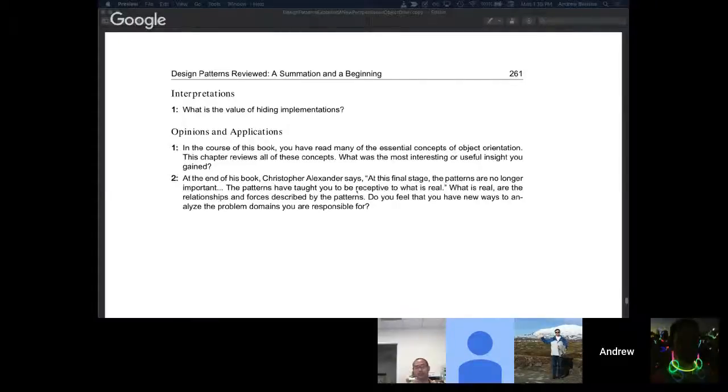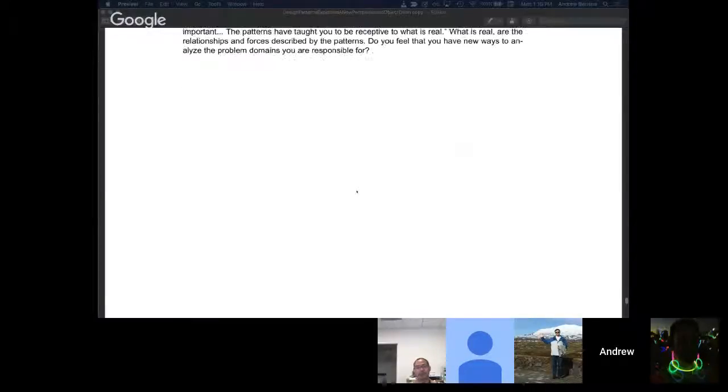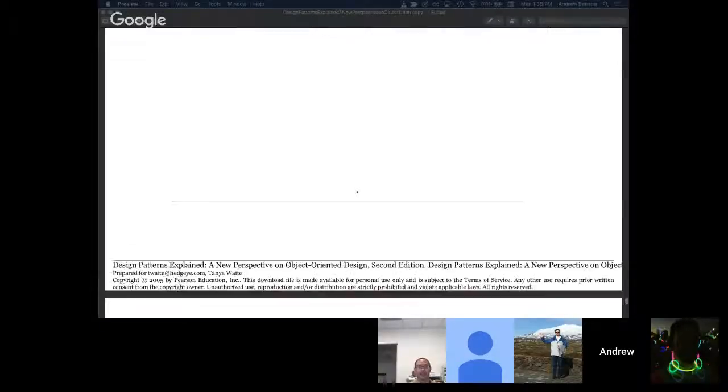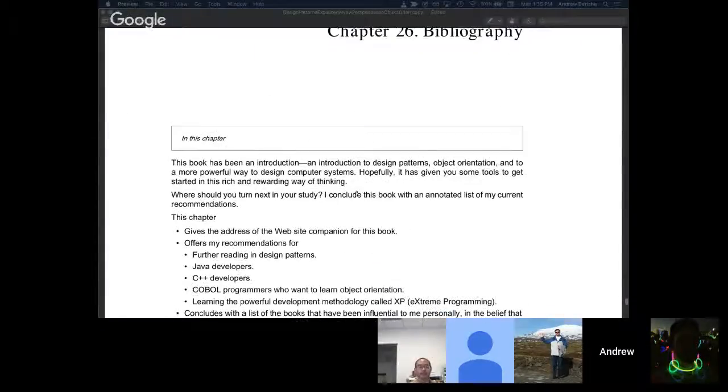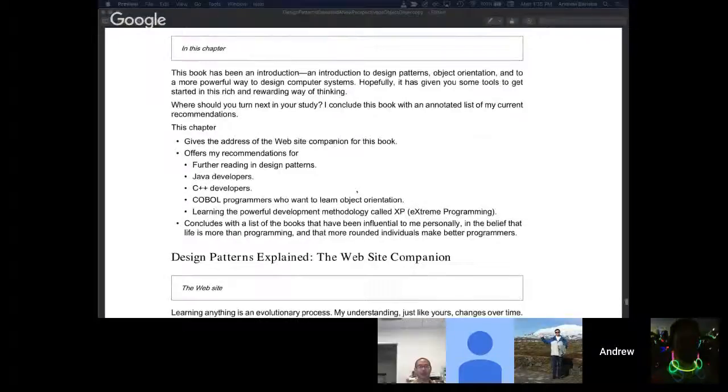Okay. Should we look at the bibliography of the different sources? Oh yeah, I didn't even. Maybe we might get some. COBOL. Once you see COBOL, I'm already afraid. Yeah, I guess he's trying to reach out to the COBOL programmers. Nothing wrong with that.